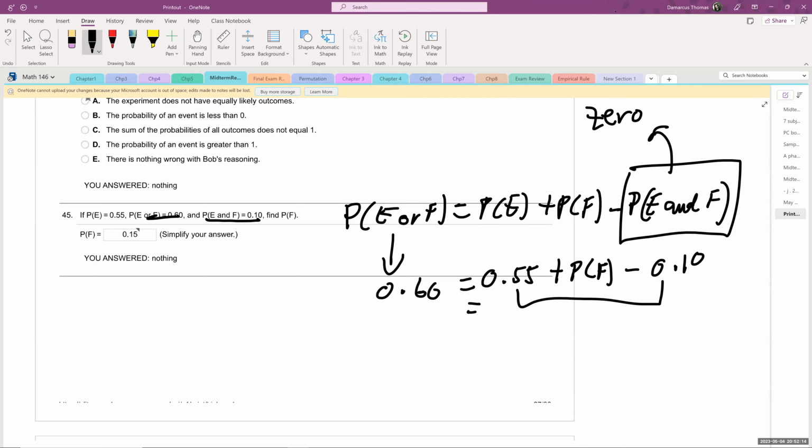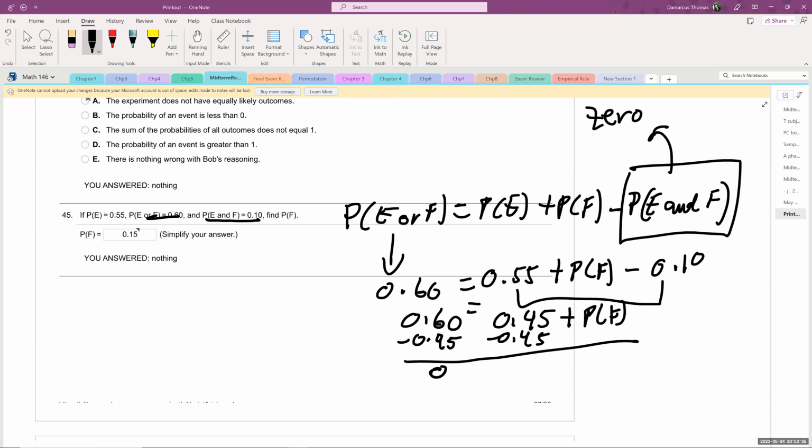If I subtract 0.1 from 0.55, I get 0.45 plus the probability of F, and that's equal to 0.60. Now I'm going to subtract 0.45 from both sides. You're getting 0.15 is equal to the probability of F, which is what they have.